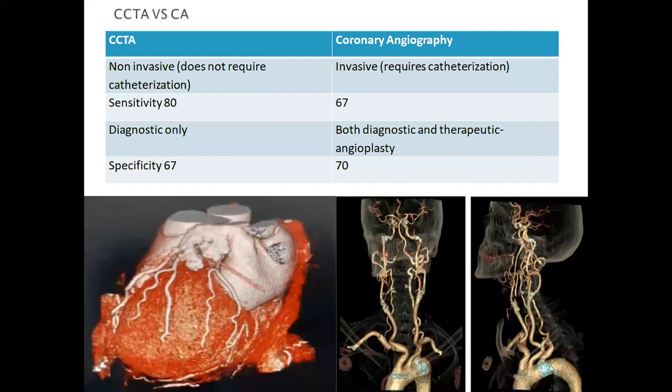So for patients that cannot tolerate catheterization, it means they are able to undergo this examination without much difficulty as compared to the traditional coronary angiography. And then when you also look at the sensitivity, especially when assessing stents that are less than 3 millimeters, CCTA is also very sensitive and actually has a higher sensitivity than coronary angiography.